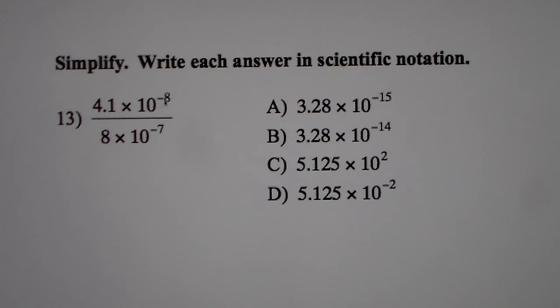We need to put these in the same power. So I'm going to change this -8 into a -7. When I do that, I actually have to move the decimal place 1 place. Now, times -8, that means I'm making this 4.1 a lot smaller. So, if I'm going to change it to a -7, I have to move the decimal place 1 to the right.